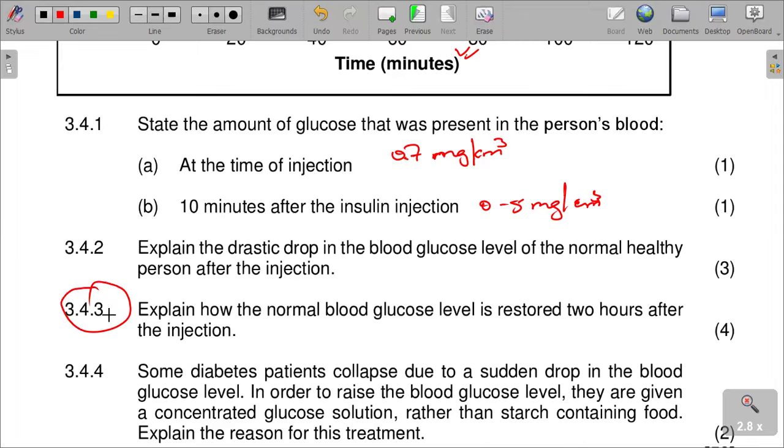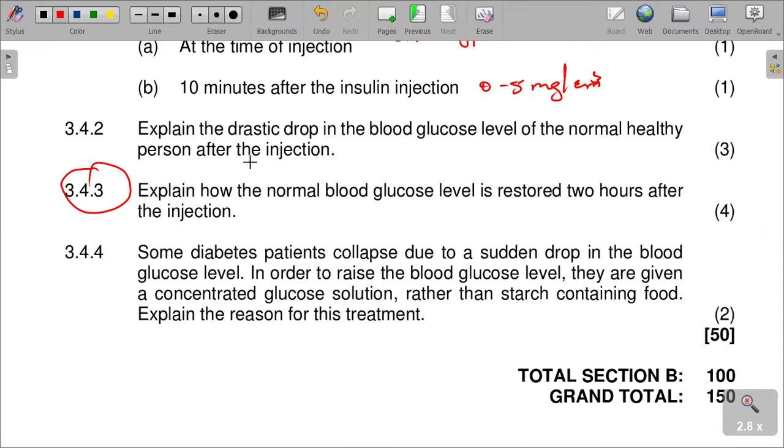This raises the level of glucose back to normal. I'm sure I remember this when I gave you the diagram of increasing and decreasing or balancing of glucose in the blood.